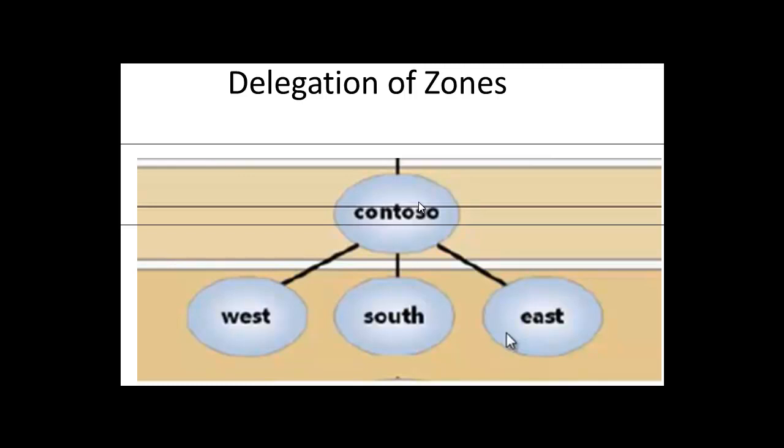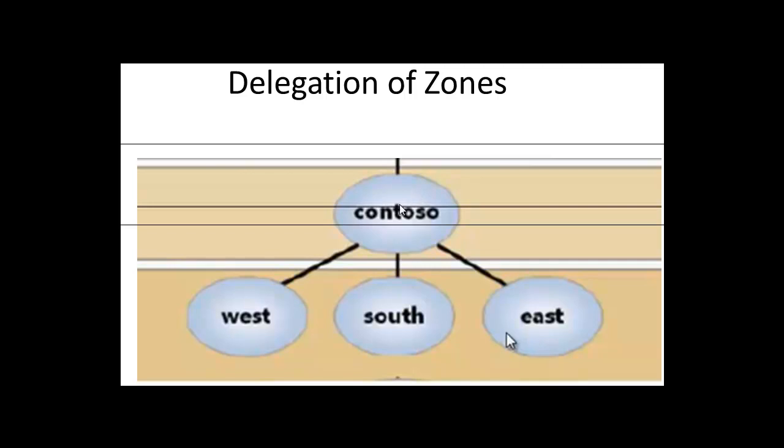What if we decided to divide the traffic load for that large zone into smaller zones? What we could do is we could place DNS servers in West, South, and East.